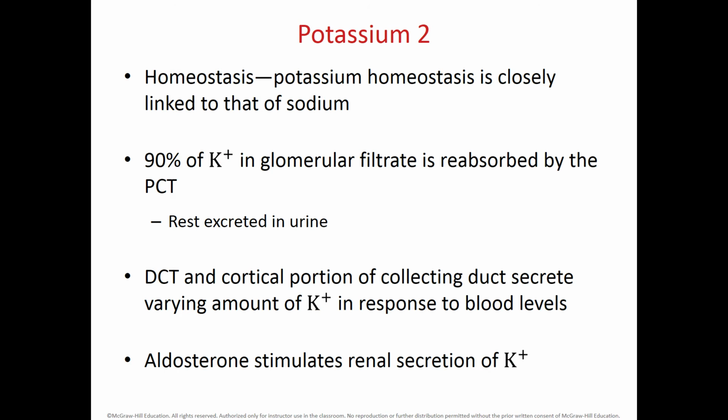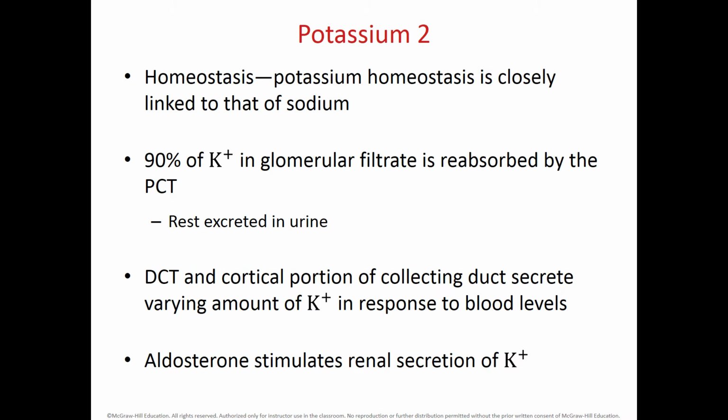Similarly to sodium, potassium homeostasis is regulated by the kidneys and by ingestion of potassium in our diet. 90% of the potassium found in the glomerular filtrate is reabsorbed by the proximal convoluted tubule, and 10% will be excreted in the urine.